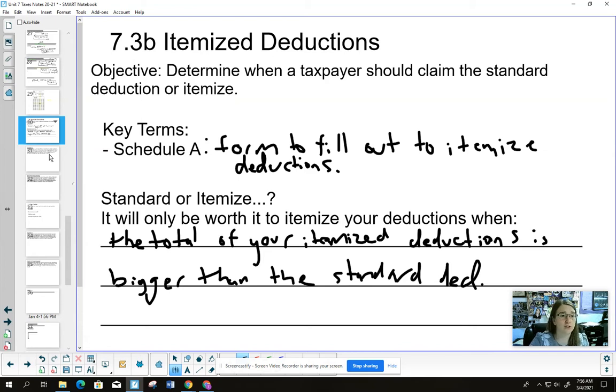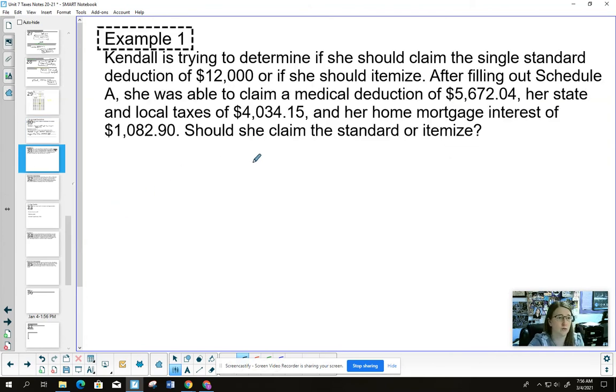So that's what these two questions are going to be. The question is, should they claim the standard deduction or should they itemize? We only itemize if all of the itemized deductions together add up to be bigger than the standard. So let's go ahead and read this question. Kendall is trying to determine if she should claim the single standard deduction. Again, this is old. Now it's $12,800, but that's okay.